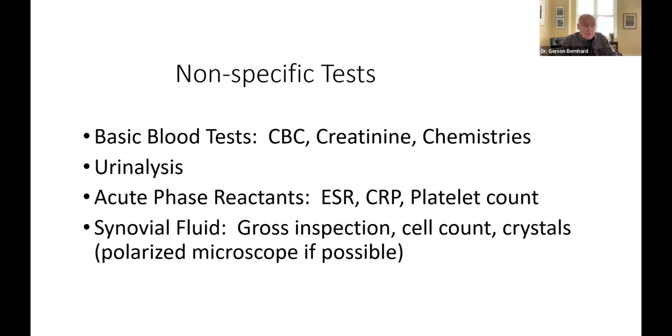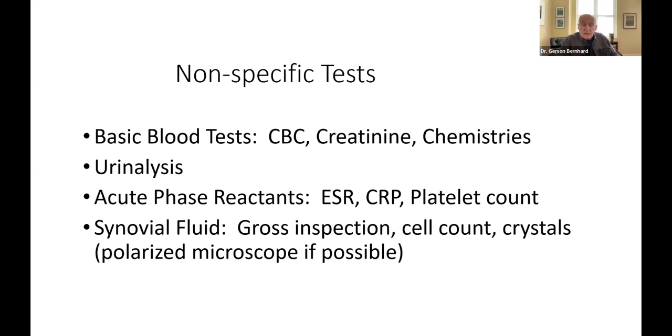And if you get fluid, look at the fluid itself. Normal joint fluid is like what I call a number 10 oil. It's clear, it's slightly yellowish, it feels a little oily to the touch. And if you do have a laboratory, you can do a cell count on it, there'll be very few cells.